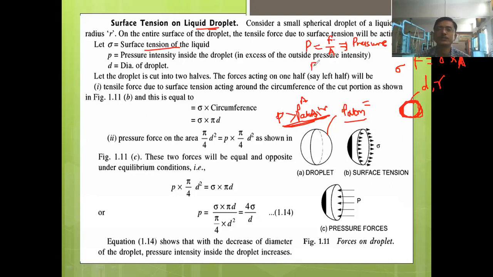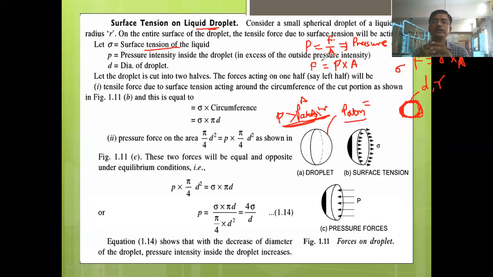So pressure force F will be equal to the pressure intensity multiplied by the area on which that pressure intensity is acting. So this is the pressure force. That pressure force which is increased inside the liquid droplet, it must be equal to what? तो कशामुळे वाढलेला आहे? That pressure force has been increased because of the surface tension or tensile force, right?